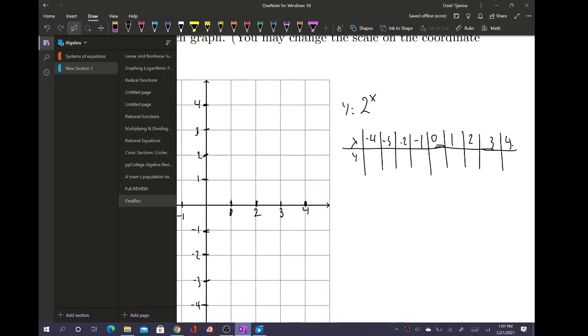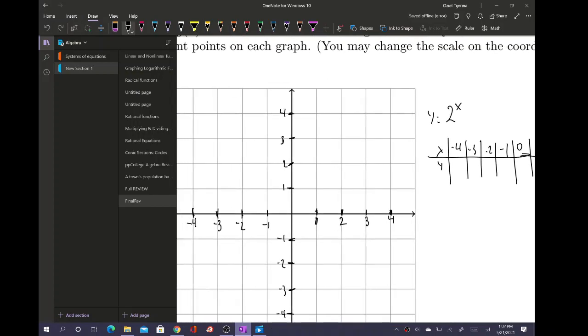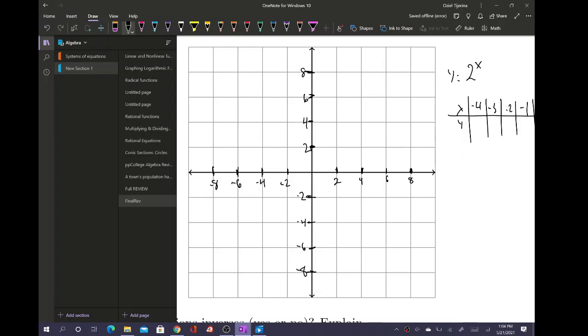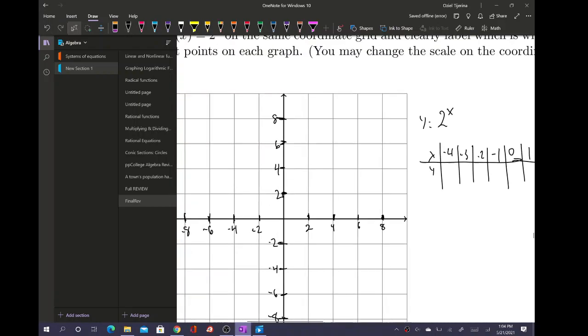Maybe I can do it in terms of 2 instead. That way it flows more easily.